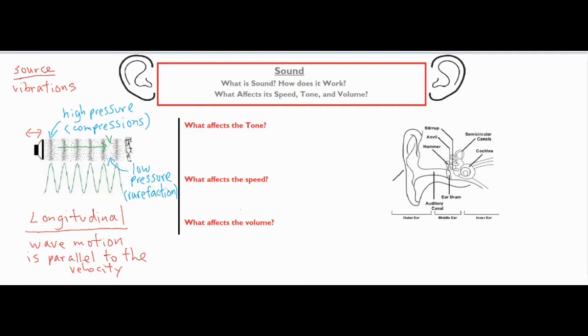So what makes a sound the way that it is? What creates its tone? What affects its speed? And what affects its volume? With the tone, that is dependent on the frequency of the wave, how frequently it vibrates back and forth.